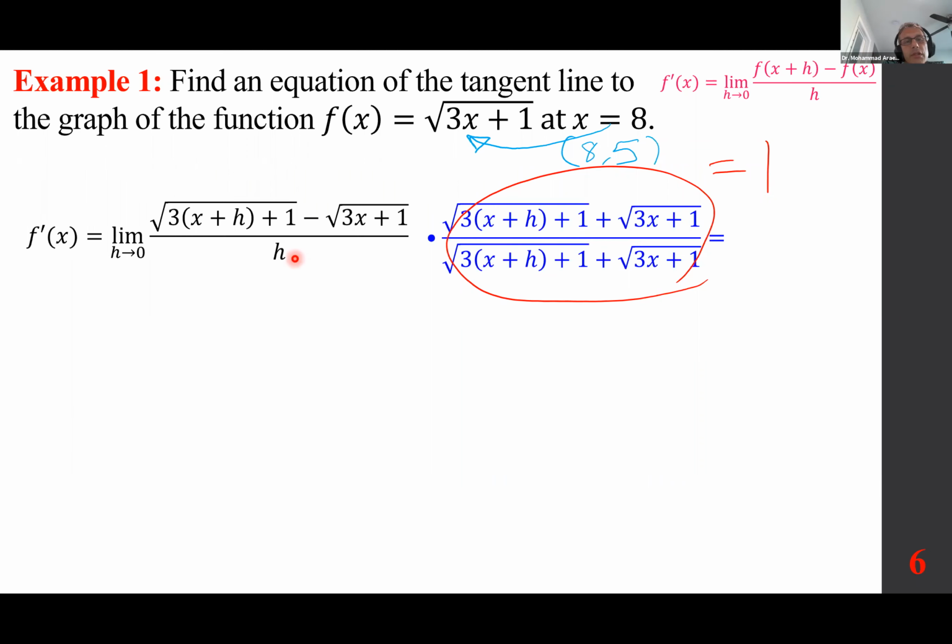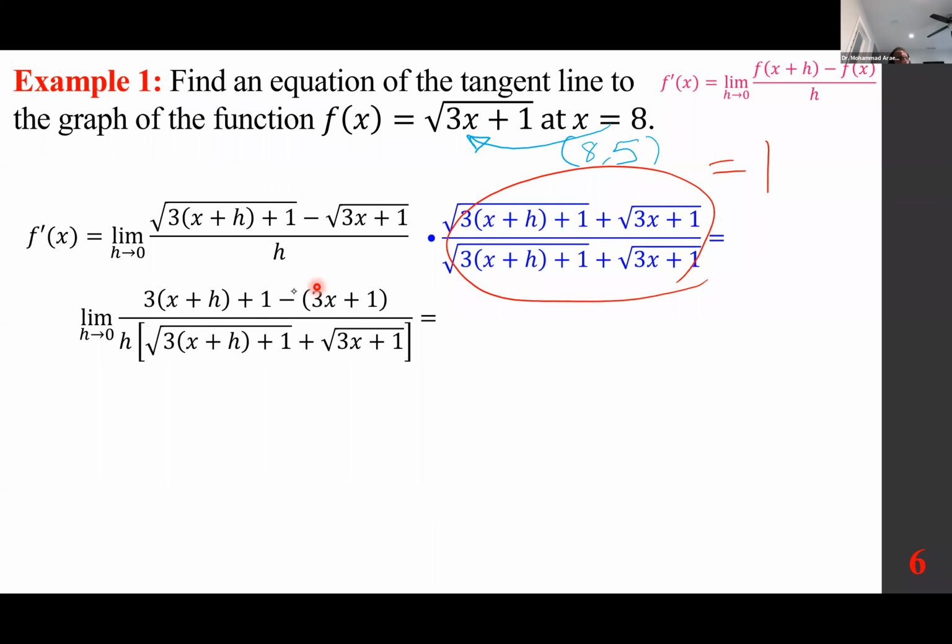Of course, the denominator, you do not touch it. You write it as a product. What happens to the numerator? a minus b times a plus b becomes a squared minus b squared. You drop the square root sign for the first piece, and you drop the square root sign for the second piece. So take a look. The denominator we don't touch, okay? We write it as a product. And so what happens? All you have to do is simplify the numerator.